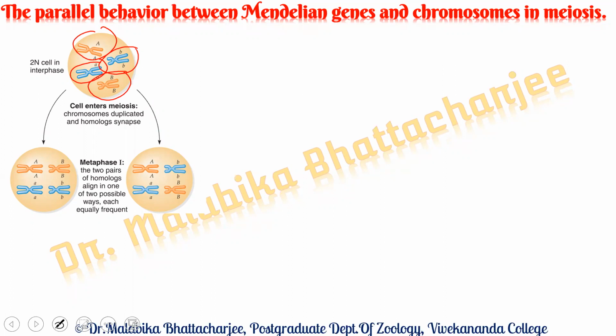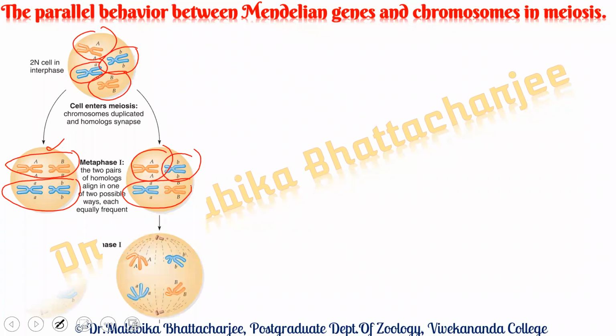In metaphase 1, you can see the orientation of the chromosomes on the metaphase plate. As the picture suggests, there can be two types of arrangement: both the dominant alleles are arranged on one side and both the recessive alleles on the other side, or the dominant allele A and the recessive allele b on one side, and the recessive allele a and the dominant allele B on the other side.